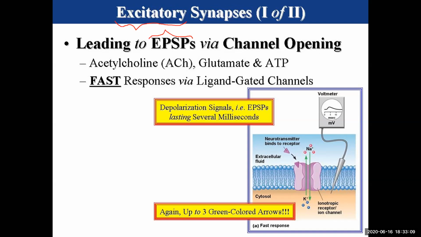So these neurotransmitters, there's one missing. I'm going to add the fourth one. So acetylcholine, ACh, glutamate, ATP, and the fourth one, serotonin.